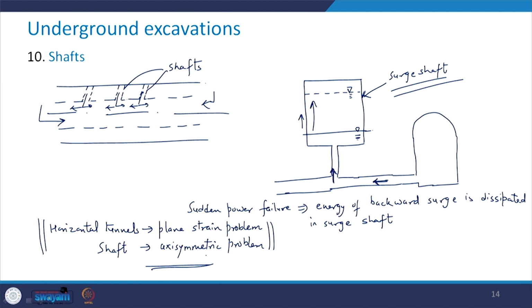So, this was all about various underground excavations depending upon their size and the purpose for which they are being constructed. You can divide them into several categories as we discussed. Now, let us learn about some of the ground conditions in tunneling.